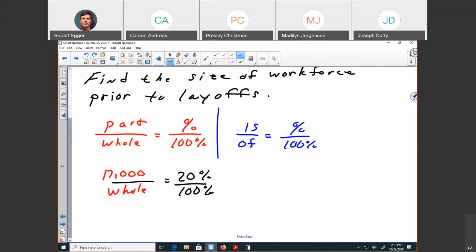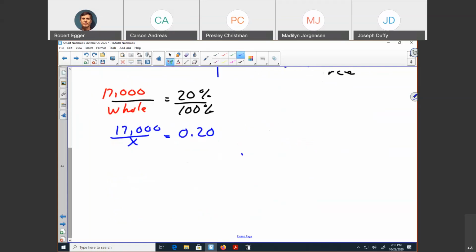So it would appear that 17,000, I'm going to say x, and 20 over 100 is 0.20. I turned the percent into its decimal equivalent. And multiply both sides by x. That gets x out of the denominator.